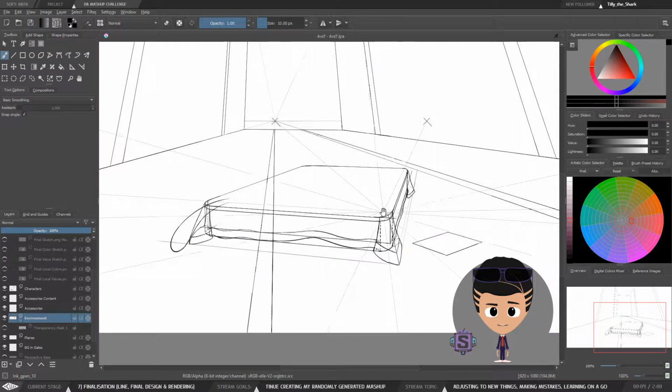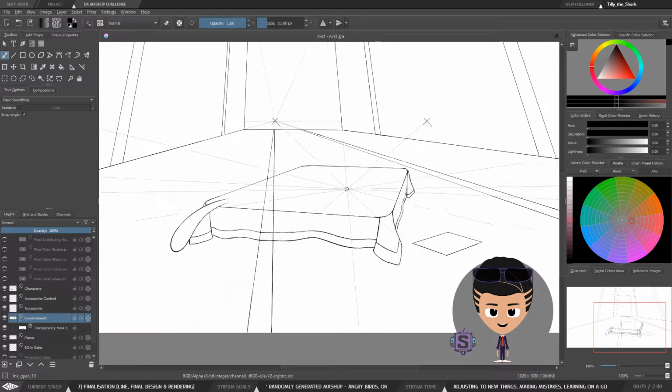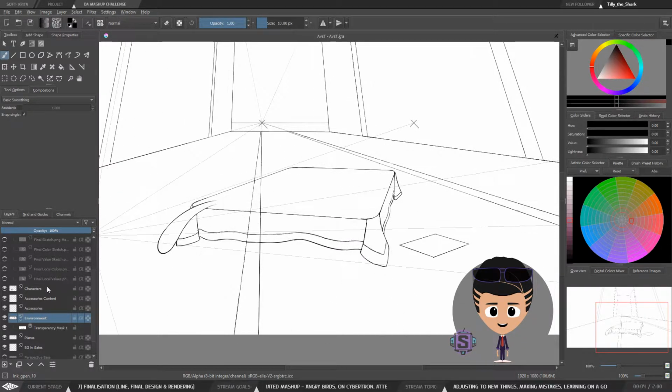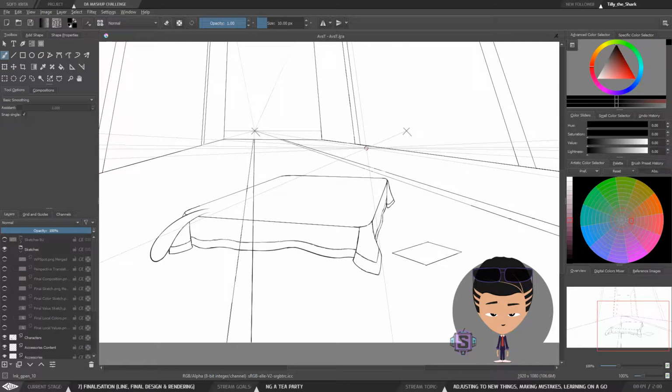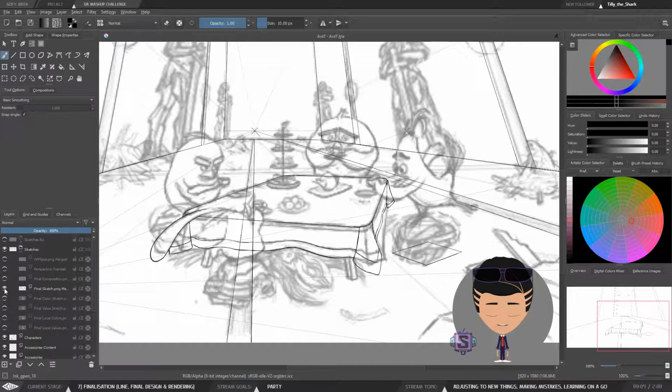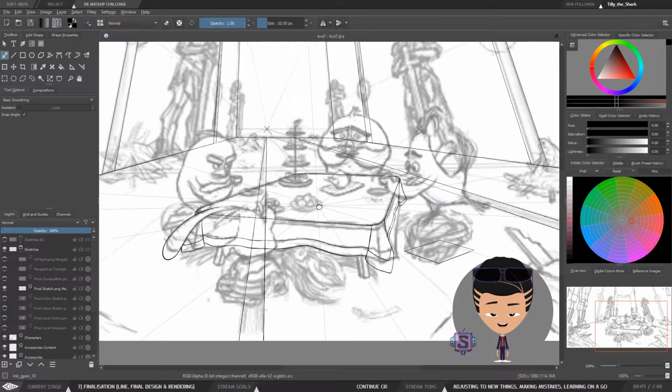And let's continue. What do we need to do next? The next thing is probably going to be characters, because they're the most important thing, and the reason I decided to draw the tablecloth first is that I thought it was something I definitely needed to solve first. So now we have a choice where to go from here.